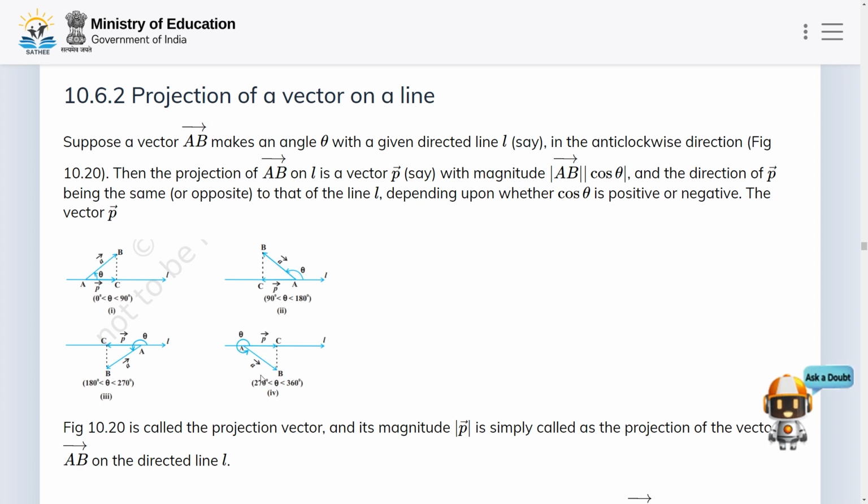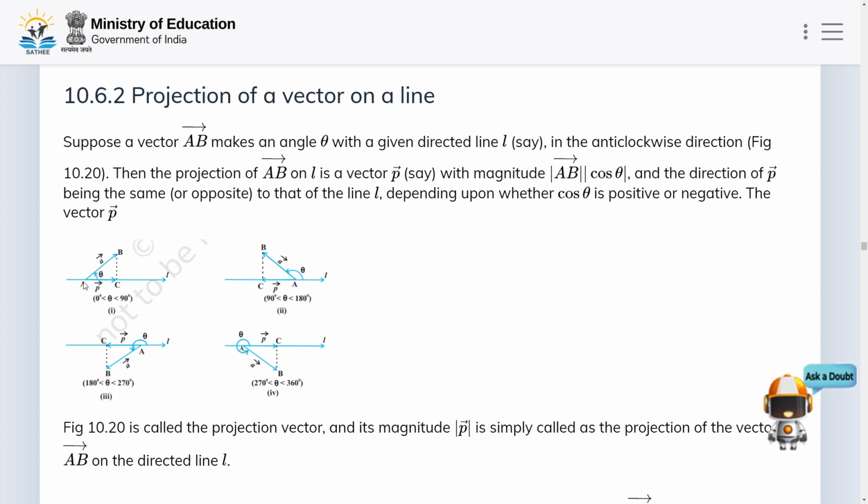Now projection of a vector on a line. So suppose vector AB makes an angle theta with a given directed line L in the anti-clockwise direction. Okay, so you are having AB vector making theta angle with a given directed line in the anti-clockwise direction. Clear?